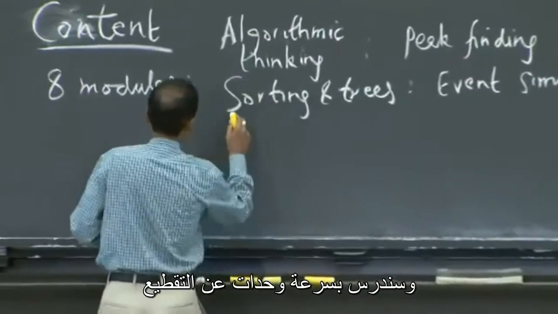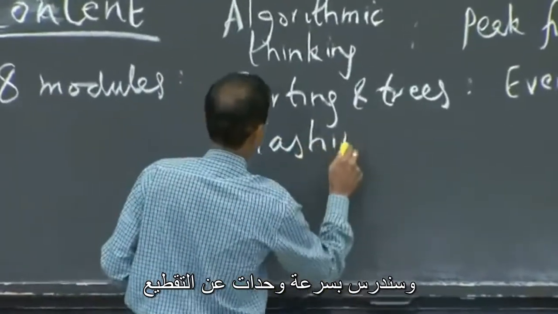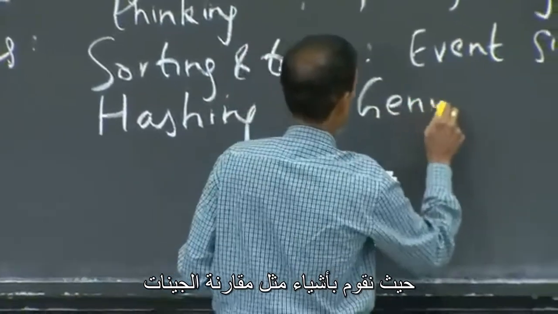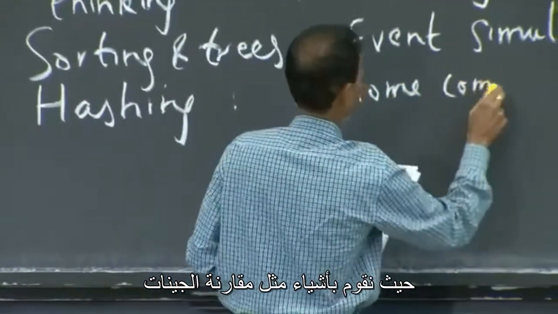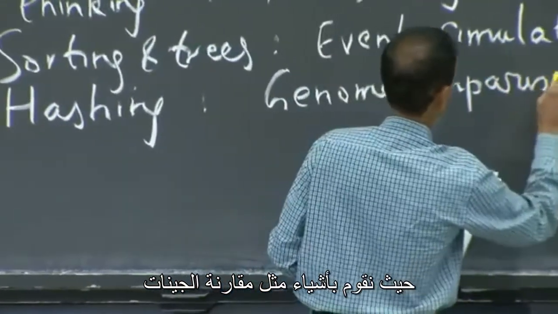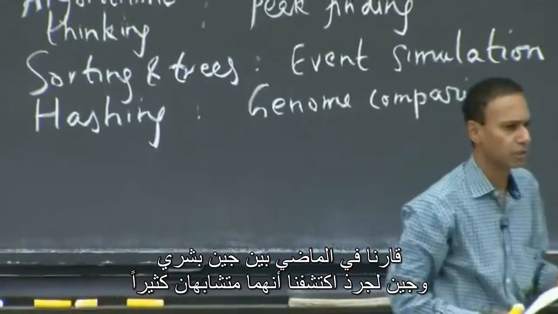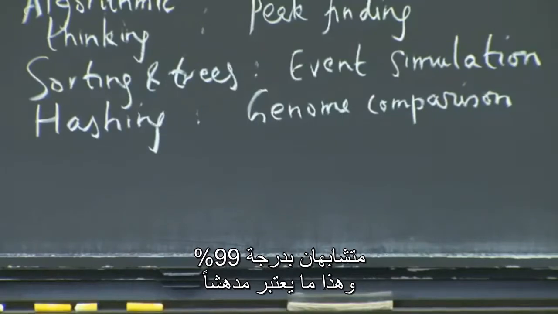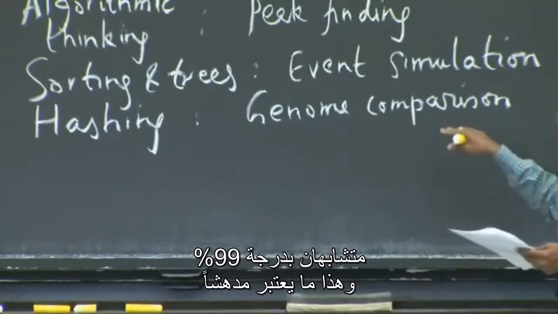And more quickly, we're going to have modules on hashing, where we'll do things like genome comparison. In past terms, we compared a human genome to a rat genome and discovered they were pretty similar, 99% similar, which is kind of amazing.